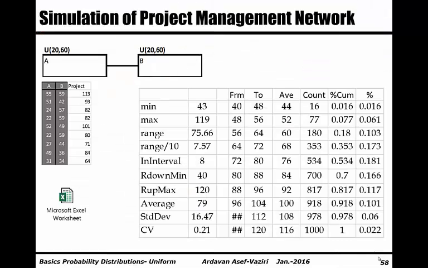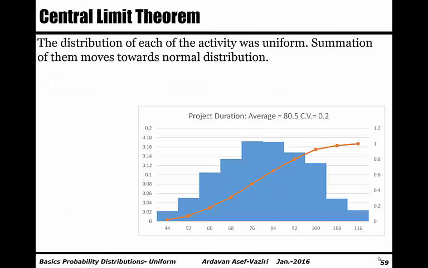In this lecture, I will talk about generating uniform random variables. I will talk about project management, simulation of project networks. I will talk a little bit about the central limit theorem.